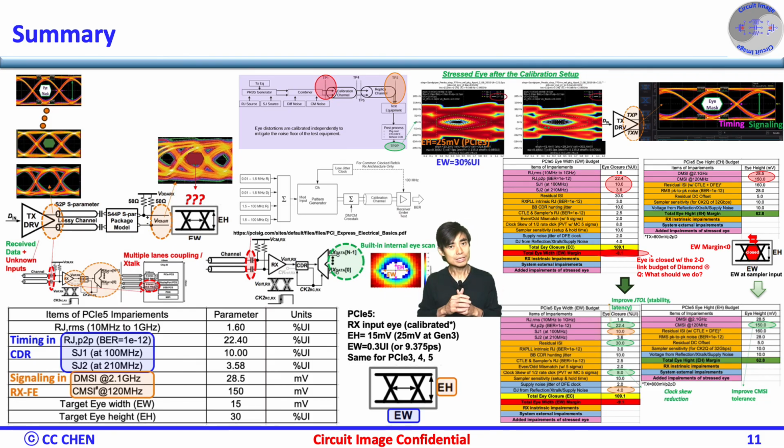From my experience, if the RX can pass the stress eye compliance test for PCIe, then it probably could pass most specifications of other open protocols easily. Please let me know if you agree with my observations.